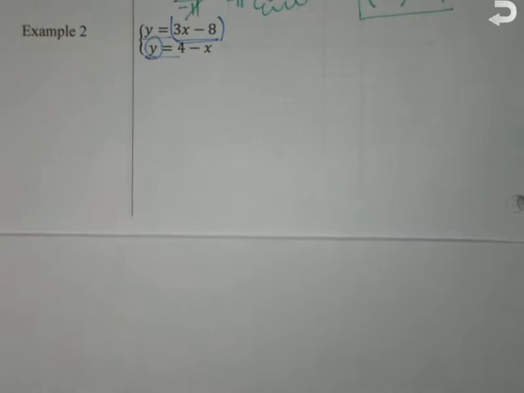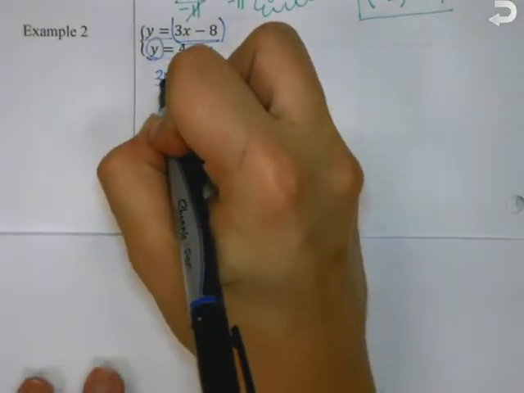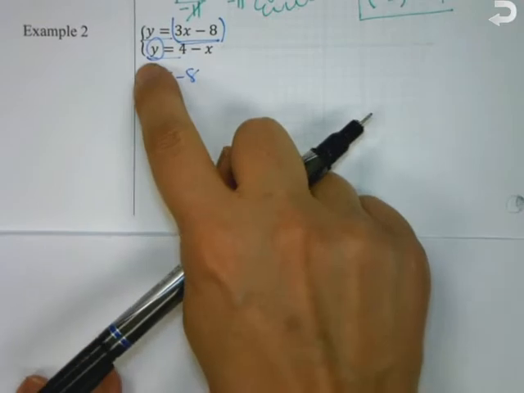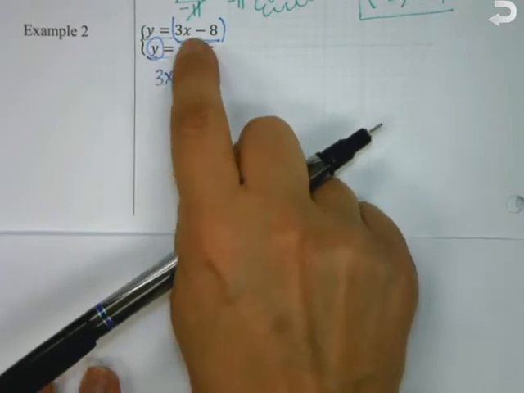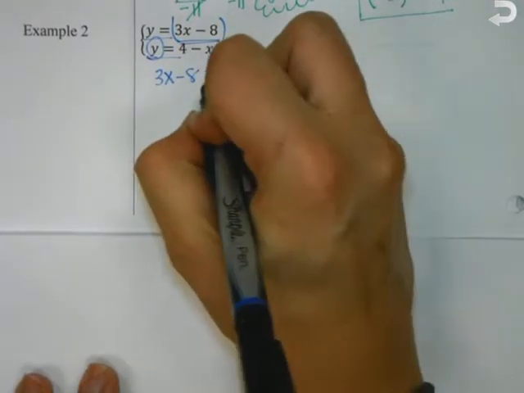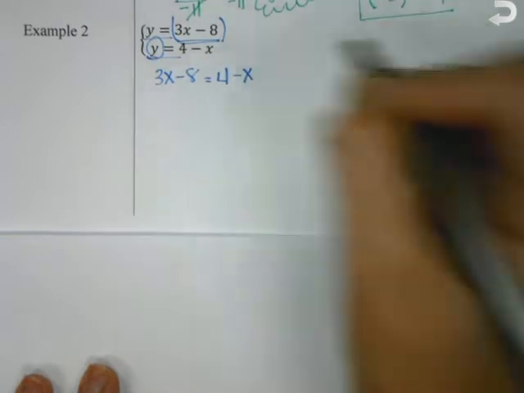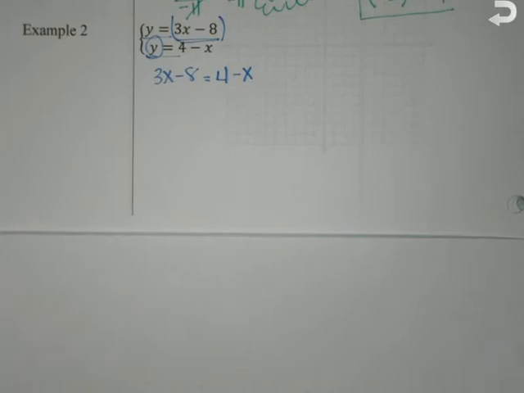So what does that give me? 3x minus 8, that's the same as y. It says y equals that thing, equals 4 minus x. Okay, so I need to solve for x here. So I need to get all my x's on one side and all my numbers on the other. And I notice here that I have a minus x.